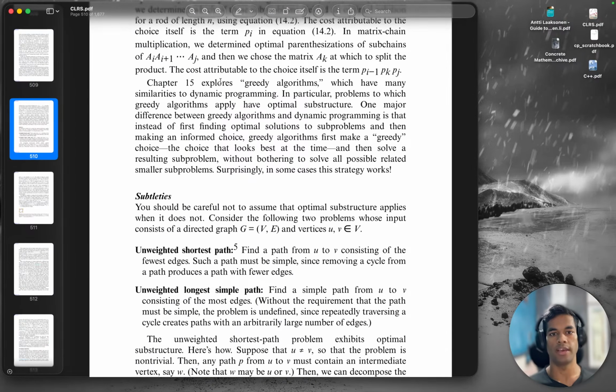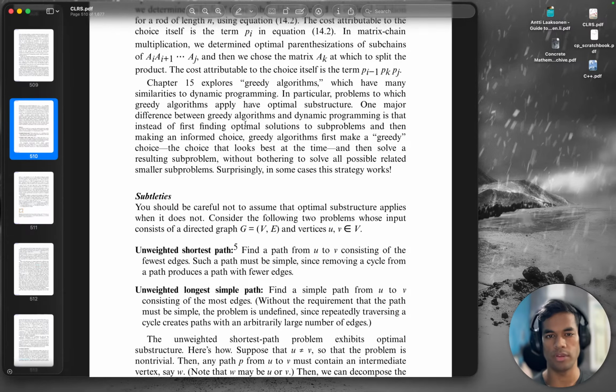Chapter 15 explores greedy algorithms, which have many similarities to dynamic programming. In particular, problems to which greedy algorithms apply have optimal substructure, that is, the optimal solution to the problem depends on optimal solutions to subproblems.